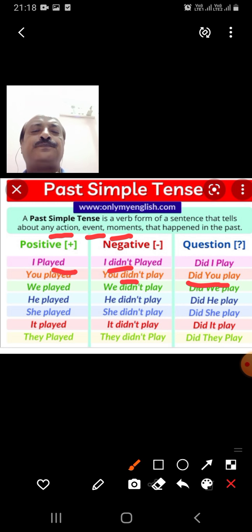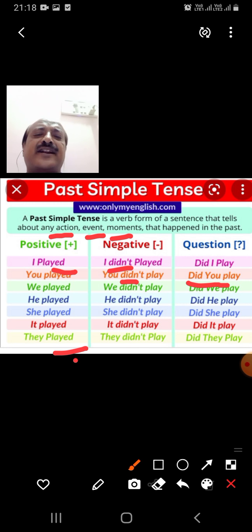Did you play? So in negative, we just add not to change from positive to negative. We played. He played. She played. It played. They played. So when we add ed to the verb play, it changes to past tense.